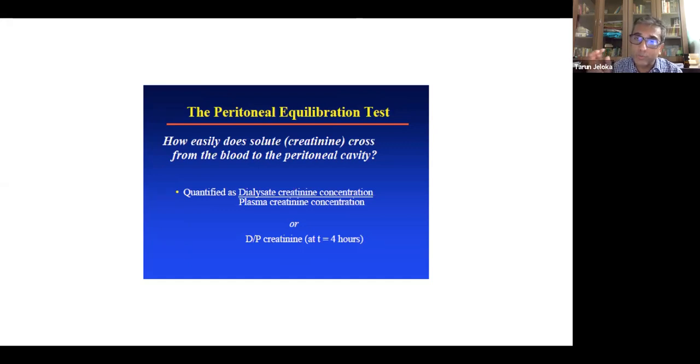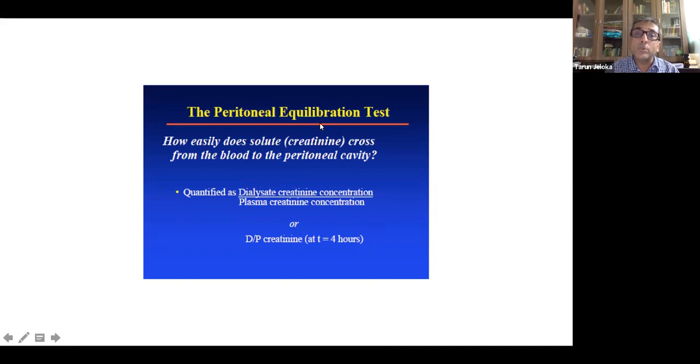I'm sure you must have heard this. They are categorized as high transporters, high average, low average, and low. Sometimes we call high average and high fast transporters, and low average and low slow transporters. A couple of slides about the PET test, because sometimes this is important as a short note, and sometimes you are asked in Viva as well.